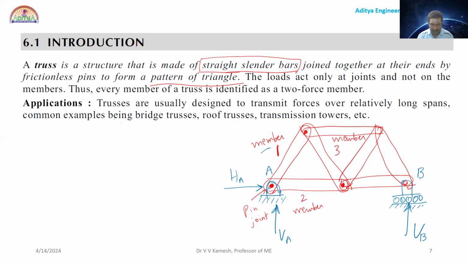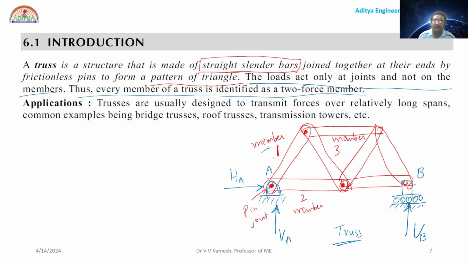Notation can be different with different textbooks or different approaches, but the concept is the same. So this is called a truss. You remember the loads act only at the joints, not on the members. Thus, every member of a truss is identified as a two-force member.